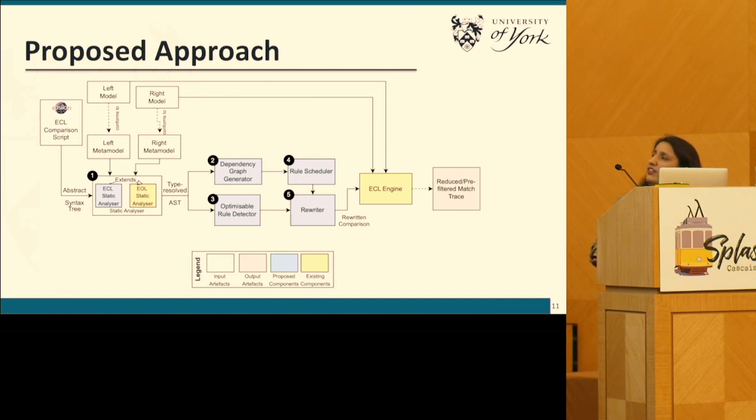And then there is a rewriter that rewrites the whole comparison program. So now this comparison script is reduced to this rewritten comparison, and this will be executed on the traditional ECL engine that is available. What we'll end up with is a reduced, pre-filtered match trace. So that's the whole idea.